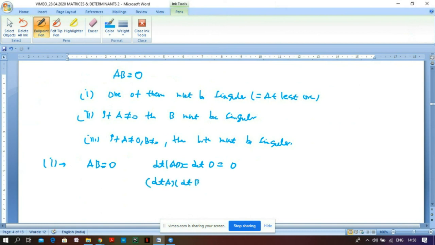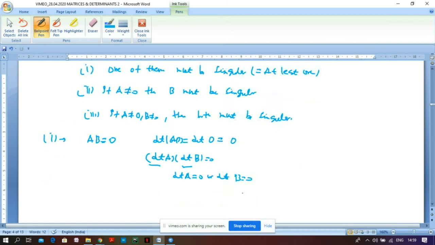So det A, det B equals 0. So that gives you that at least one of these numbers must be 0. So det A is 0 or det B is 0. And so hence claim is established that one of them must be singular. Both also can be singular. In math, when we say or, then or means that it is inclusive or, that both scenarios can happen.